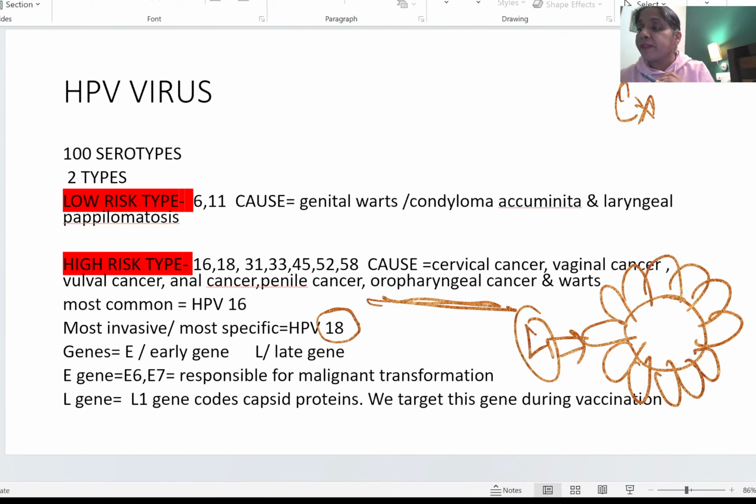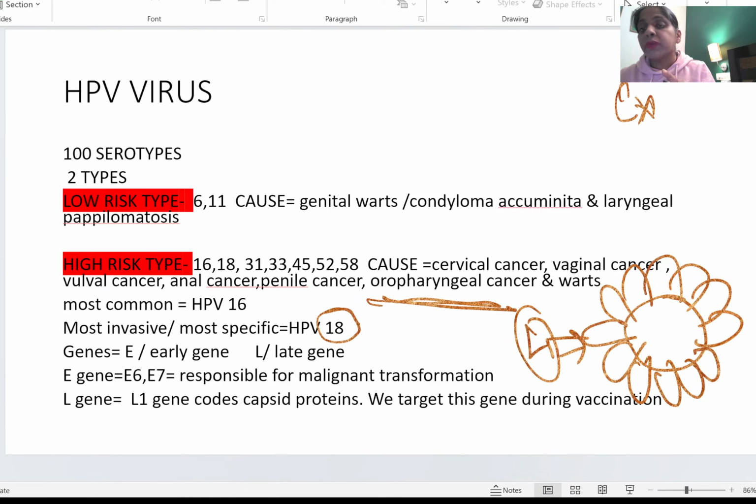When we make a vaccine, we target the L1 gene because the adhesion of the virus to the cervical cells is the first step. So we target the first step when we make the vaccine.